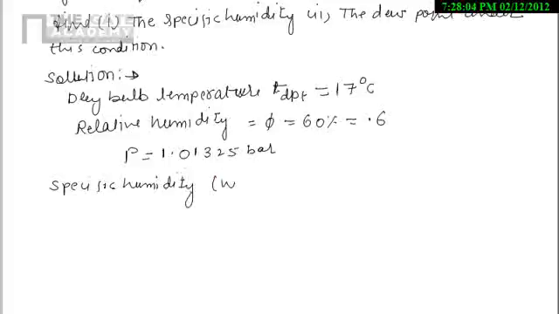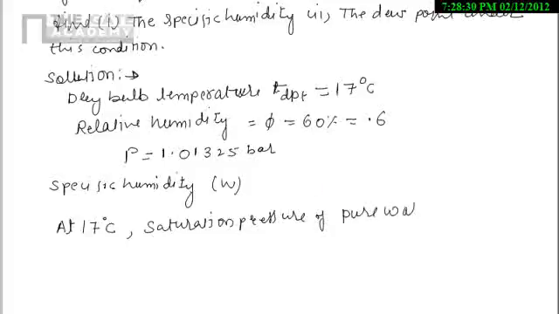Now we have to find out specific humidity. For specific humidity we are using the notation W. At 17 degrees centigrade we have to find out the corresponding pressure. At 17 degrees centigrade, the saturation pressure of pure water, denoted by PS, equals 0.0194 bar.